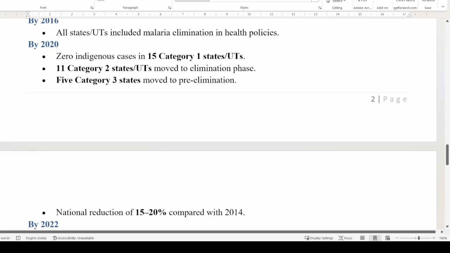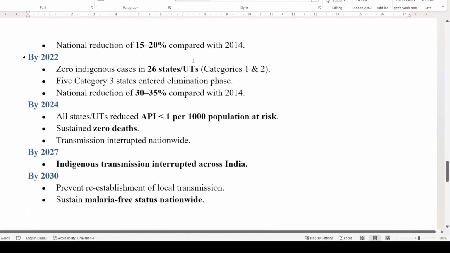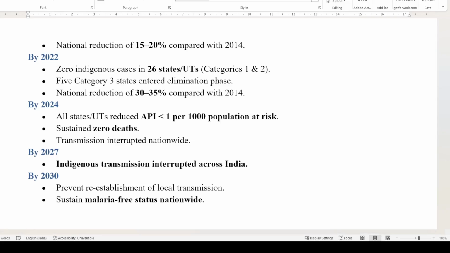Five category three states move to pre-elimination. This is the coding given to the states and UTs. There was a national reduction of 15 to 20% compared to 2014 statistics. By 2022, there were zero indigenous cases in 26 states. Then some states entered the elimination phase.